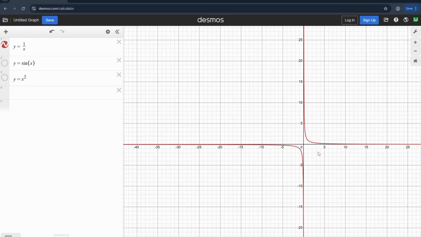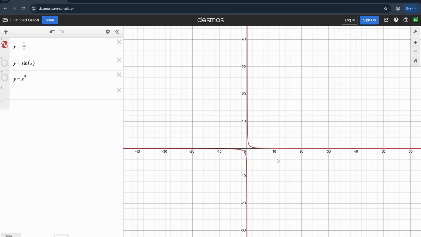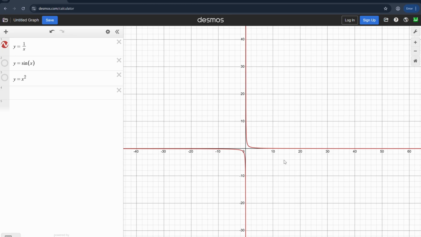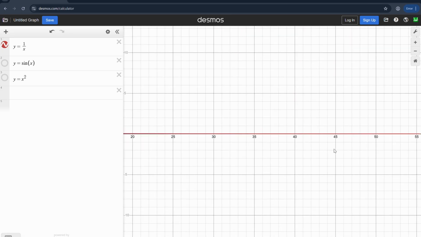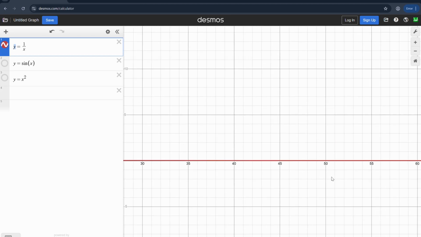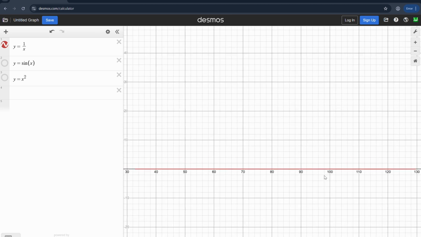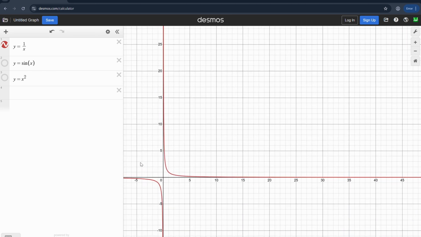You're not evaluating what happens as you approach a specific value. You're evaluating how this function settles, what happens to f of x, or your height essentially, as you keep getting larger values of x, or whatever variable you choose, right?